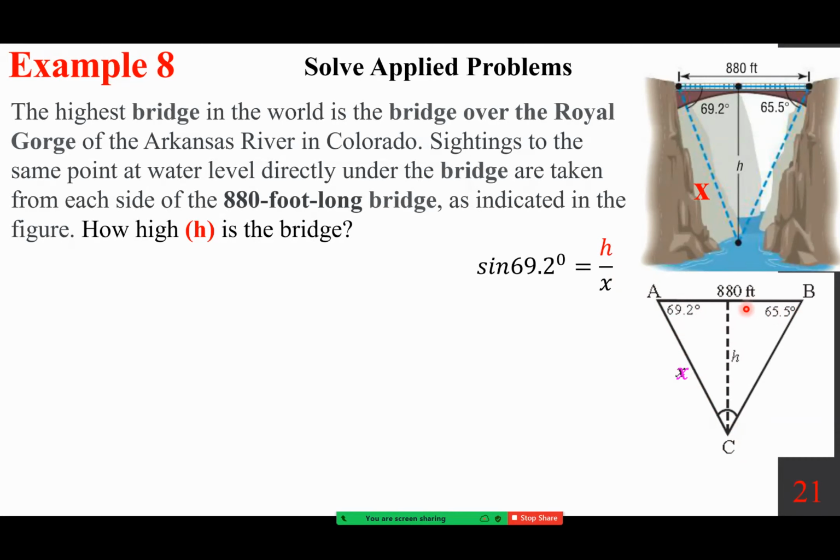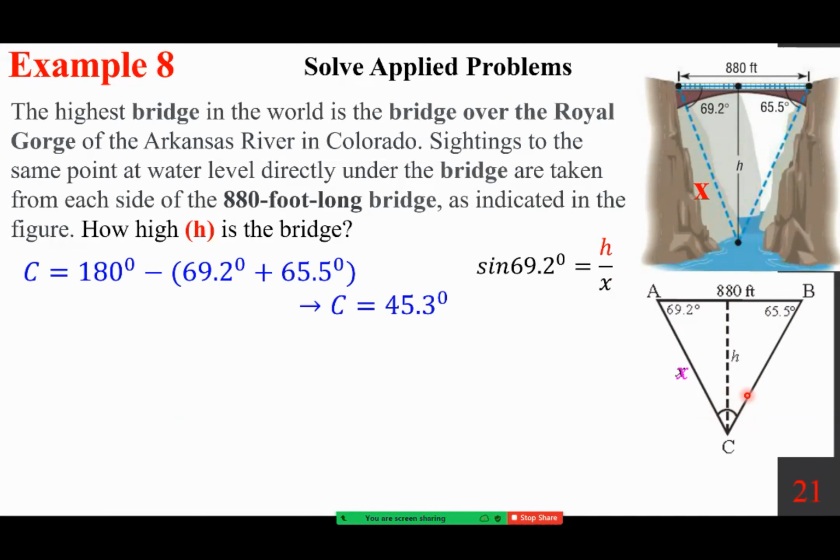We're going to add them up and subtract it from 180 to get to C. So we find C. Now that we have a C, we can use the sine law in order to find X. So sine of 65.5 over X is sine of this angle, 45.3 over 880, because we have this number.